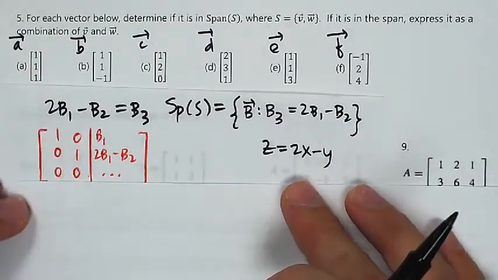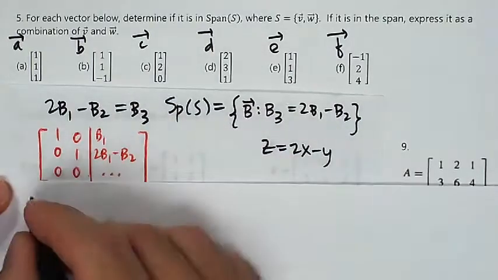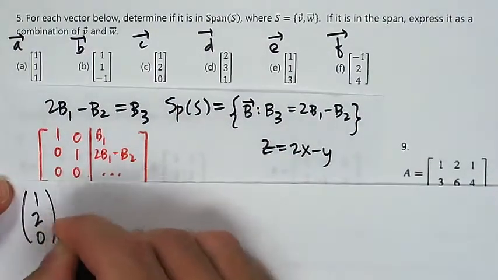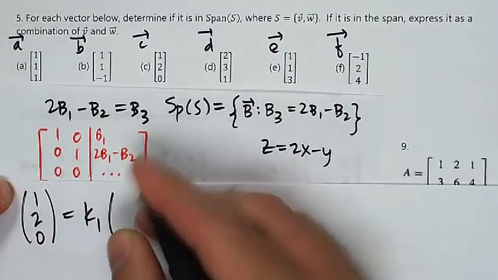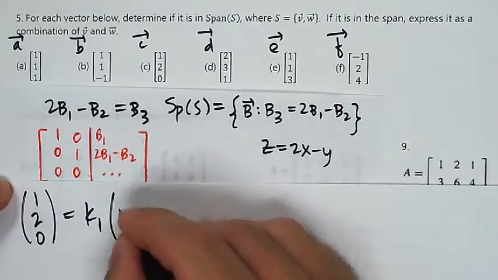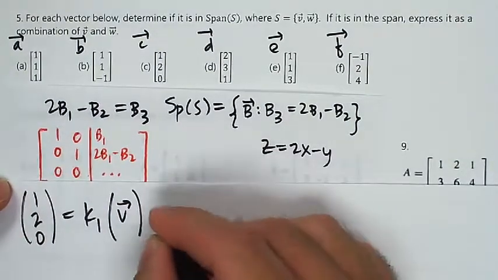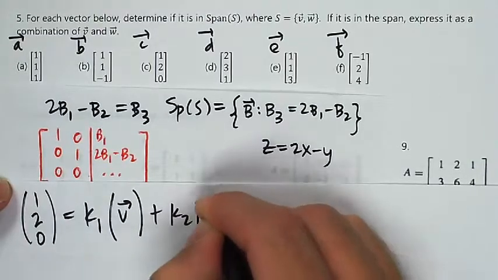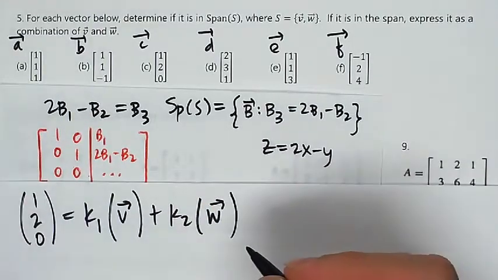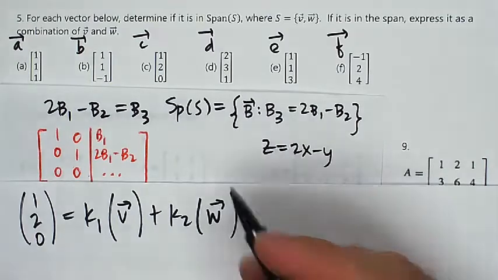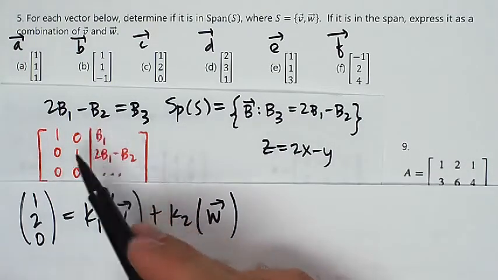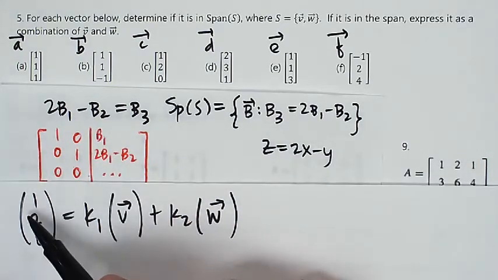So for C and D, I'm interested in expressing 1, 2, 0 as some number of V's plus some other number of W's. But I've already done all the row reduction, so in this situation, B1 is 1, B2 is 2, and B3 is 0.